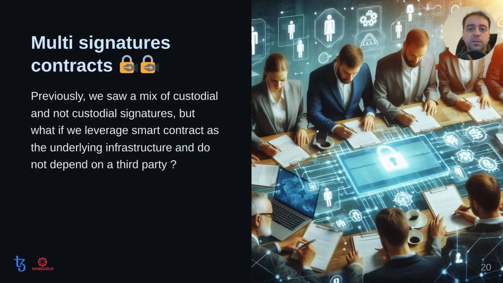The last part is about multi-signature and contract. Previously, we saw a mix of custodial and non-custodial signature solutions, but we can get rid of all the third-party providers. In fact, if we have a smart contract, we can have this backend, and you own this backend.